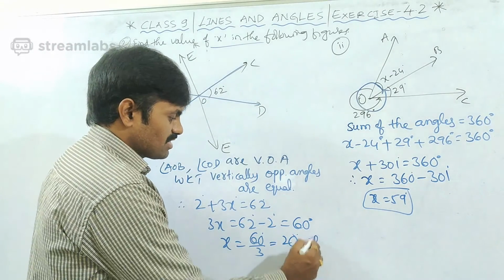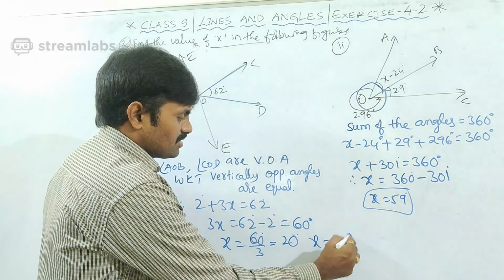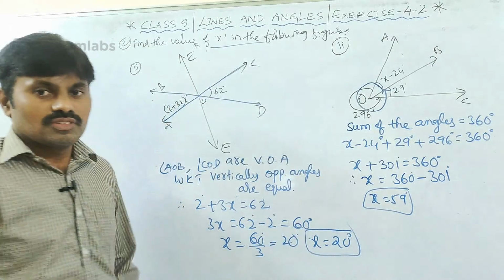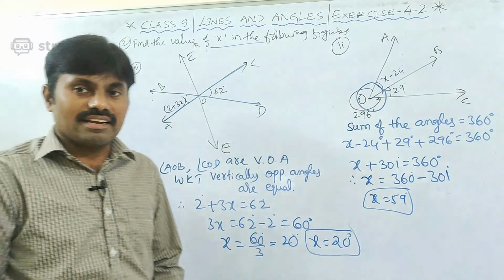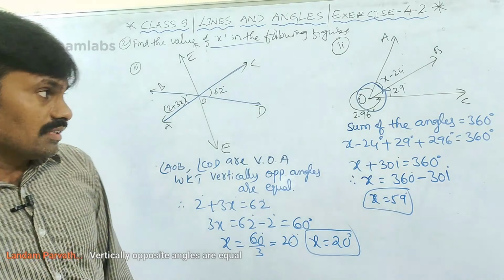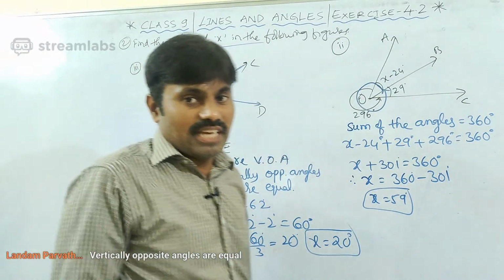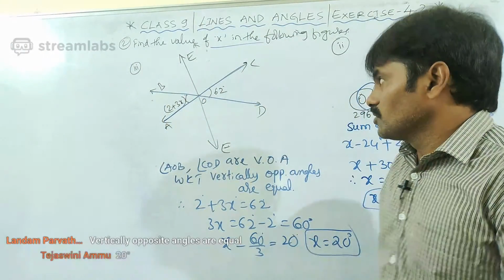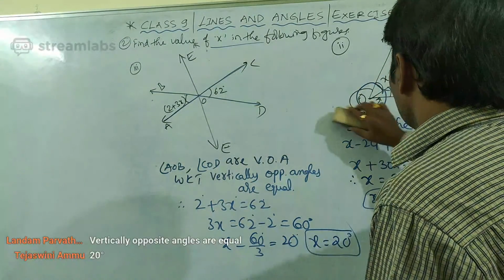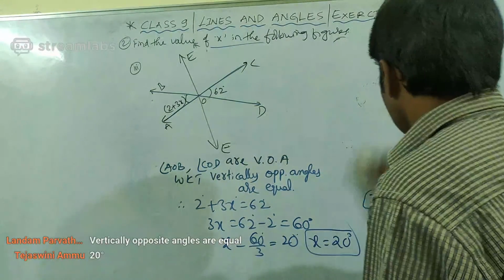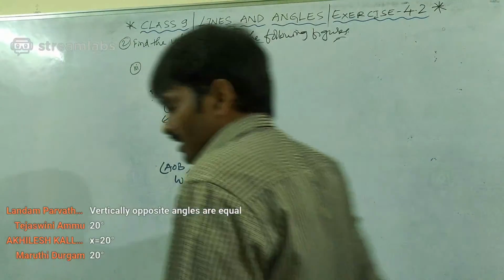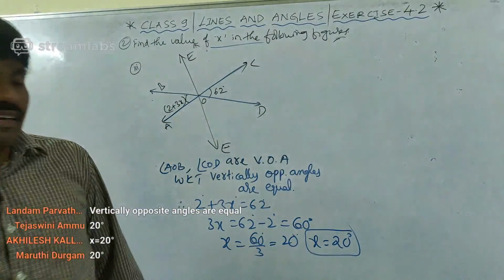Therefore our final answer is x equals 20 degrees. Again here we have applied the concept of vertically opposite angles. Clear?